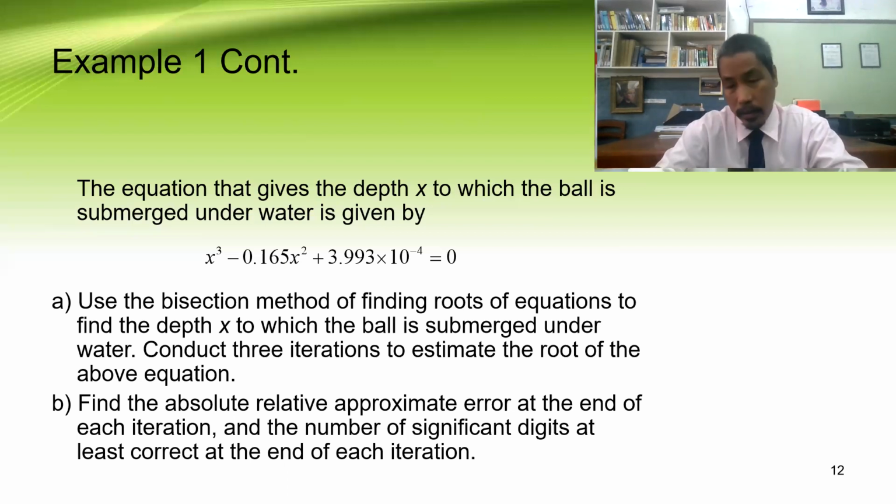That is 0.5 times 10 raised to the exponent 2 minus m, where m is the number of significant digits. Okay, so let us solve this problem.